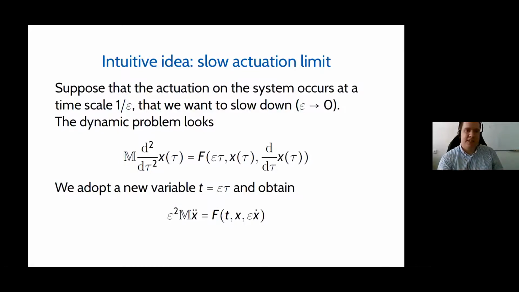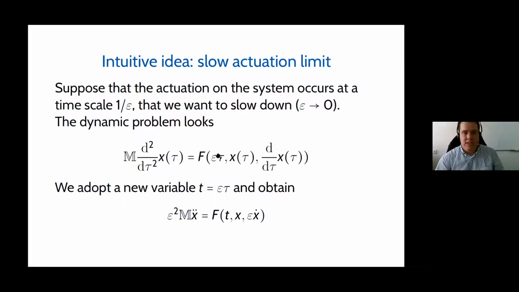If my time scale is 1 over epsilon, going slowly becomes taking the limit epsilon going to zero. So we can model our dynamic problem again, making the time scale explicit. And again, as you saw before, the time scale is in the actuation, and the actuation is in the time dependence of the forces, at least for this kind of model, the glass, for instance.